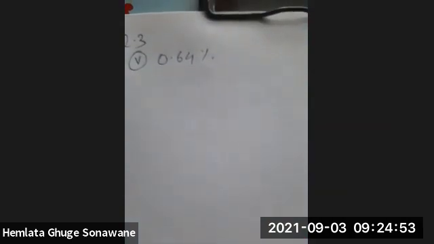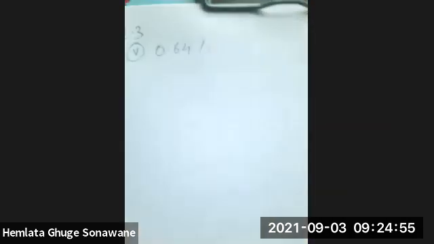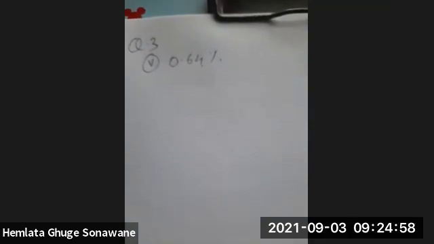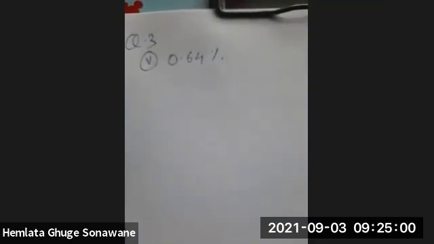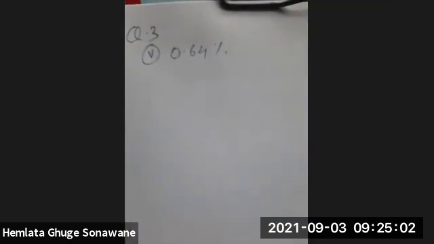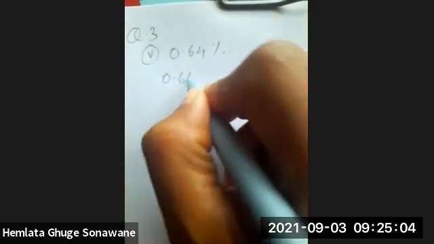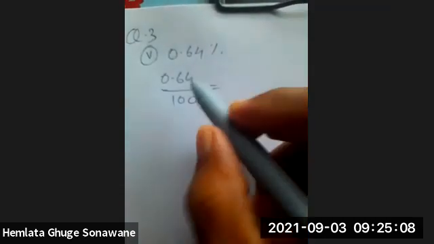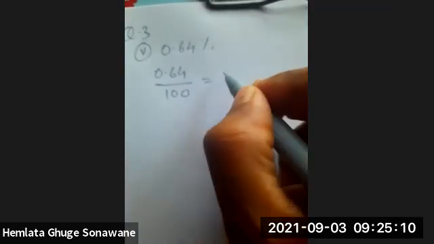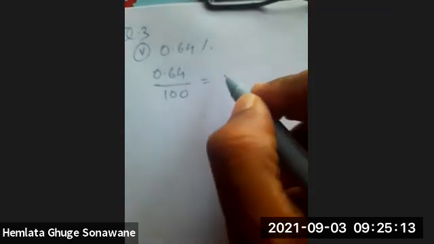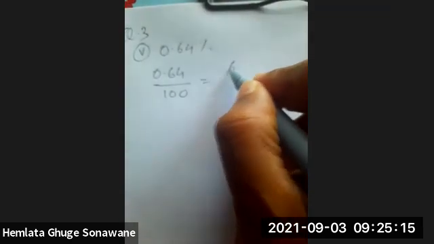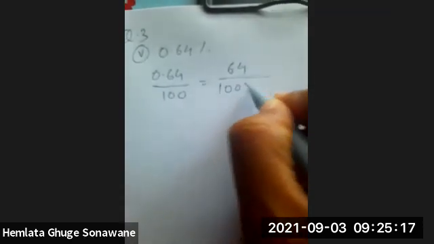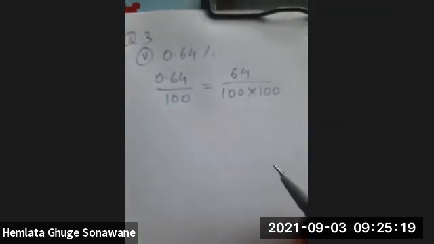I will write 0.64%. That is 0.64 upon 100. This 0.64 will be written as 64 upon 100. So here, 64 upon 100 into 100.